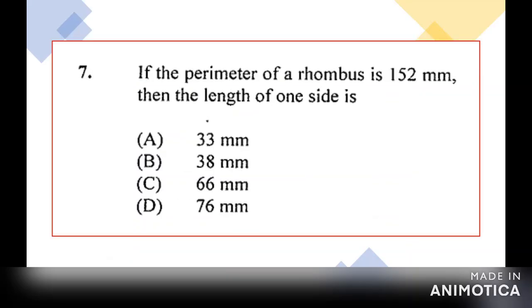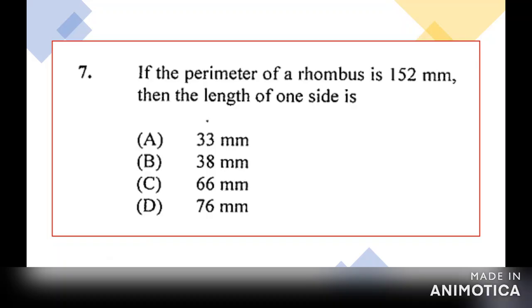Okay. Number 7, if the perimeter of a rhombus is 152 millimeters, then the length of one side is. If you know what a rhombus is, just Google it and you will see what it looks like.